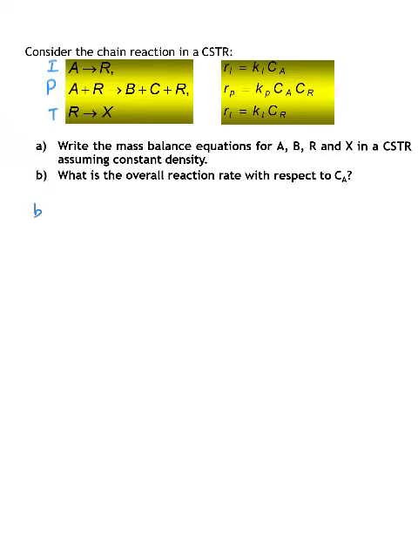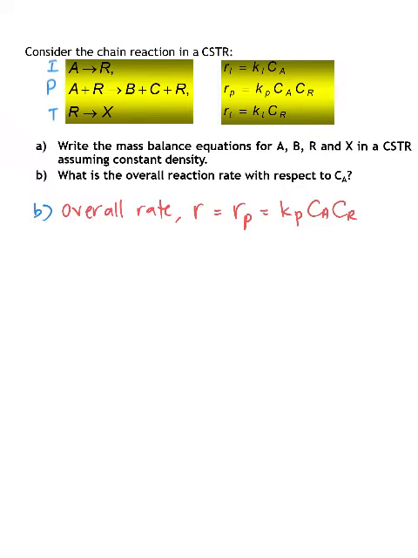So for question B, the overall rate R equals the rate of propagation, which equals KP CA CR, as given in the question.